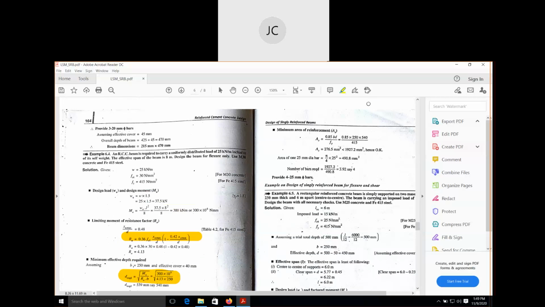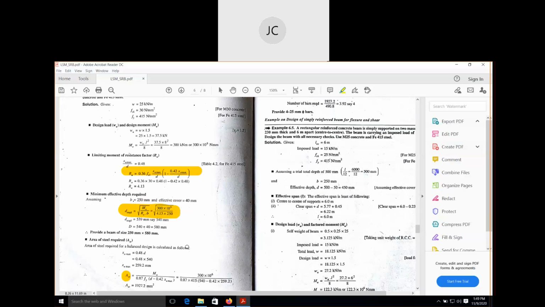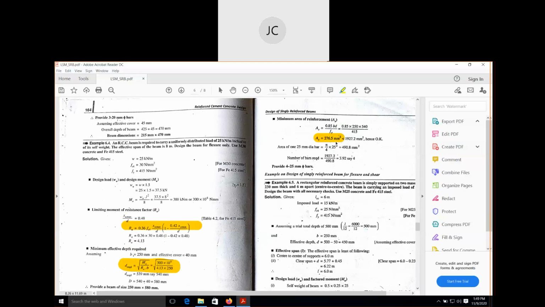As I told you in the last class, after getting the area of steel, first we have to check whether we are getting the minimum amount of reinforcement or not. This is the equation for checking that. From this equation we have got the minimum area of steel as 276, but from our calculation the required area of steel is this much. That means it is more than the minimum value.